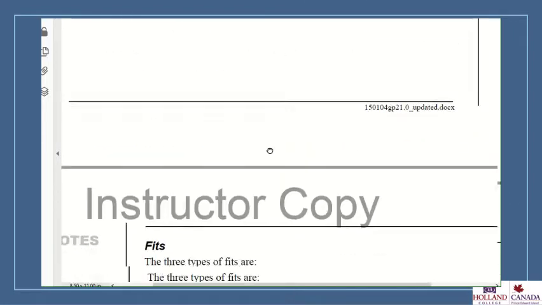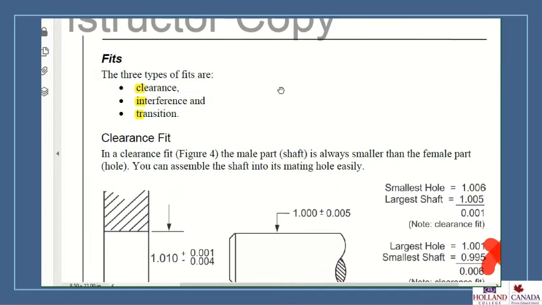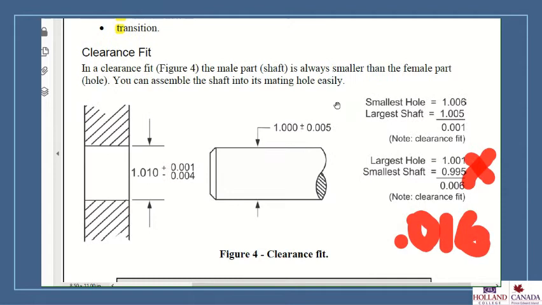Let's look at another one. So, fits. There are three types of fits. We have a clearance fit, an interference fit, and a transition fit. In a clearance fit, the shaft is always smaller than the hole. You can assemble the shaft into the mating hole easily.